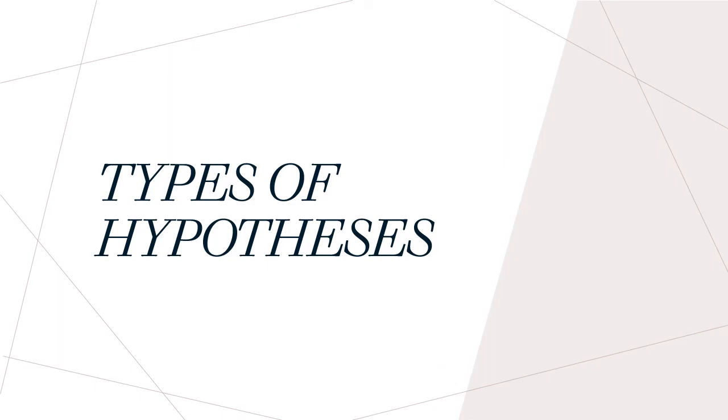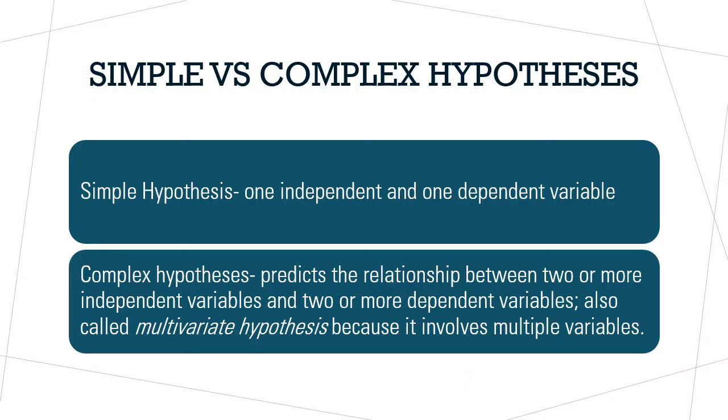So, the types of hypothesis. Simple: when we say simple, one independent and one dependent variable. For example, there is no significant relationship between the amount of milk taken and the weight of the child. That's a simple hypothesis. As you can see, our variables are simply the amount of milk and the weight of the child.